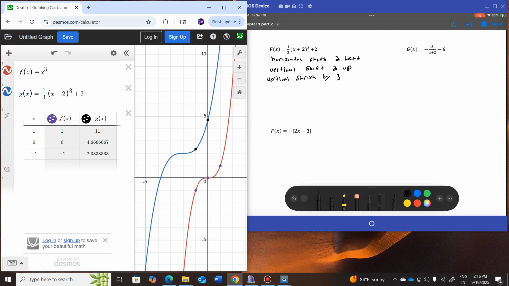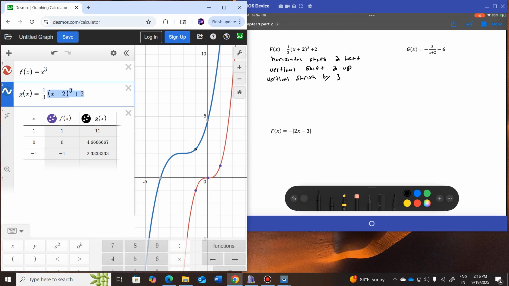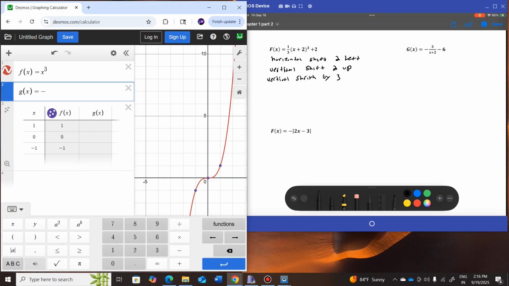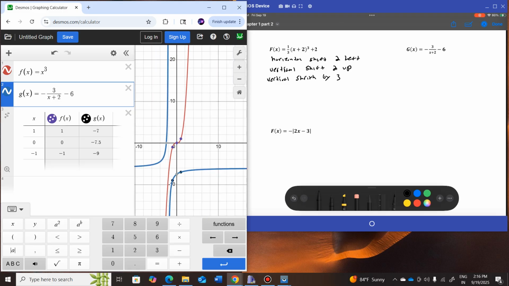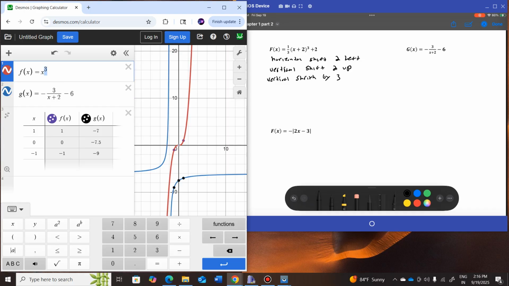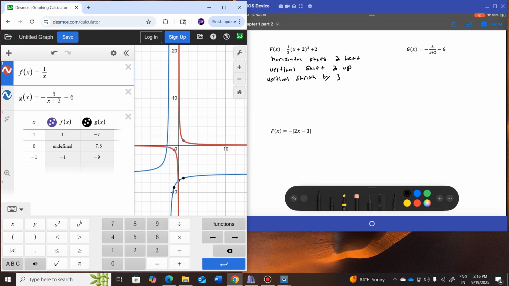All right, and so the next one, negative 3 divided by x plus 2 minus 6. Oh, I think I had to do this to 1 over x.